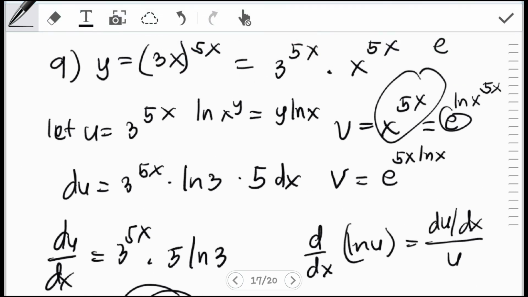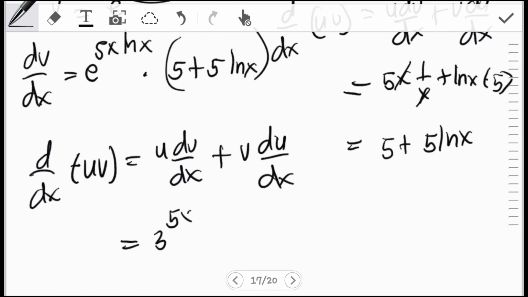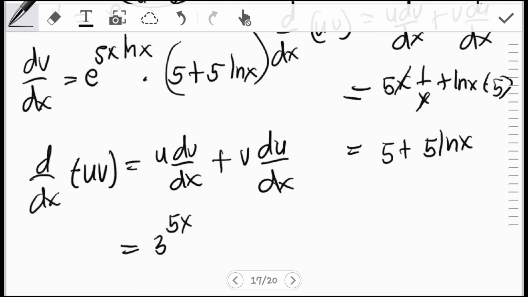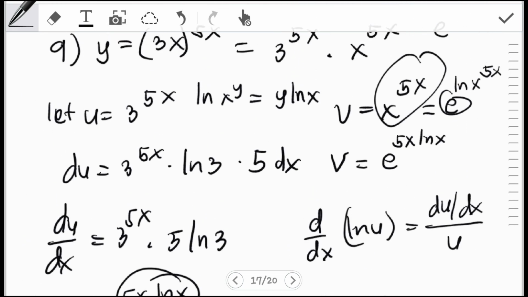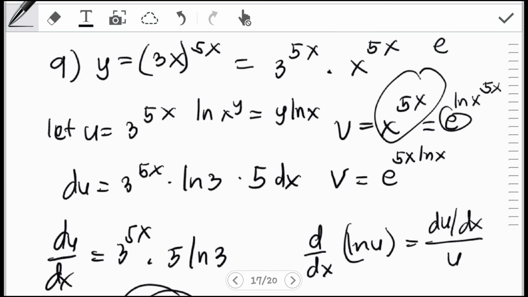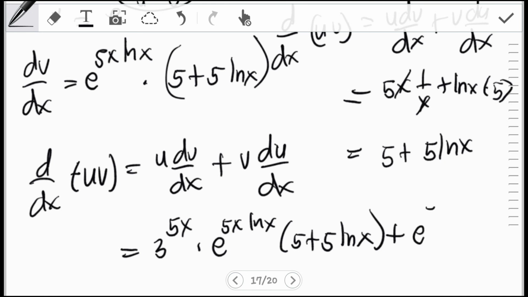Where u is 3 to the power 5x, then dv is e to the power 5x ln x times the 5 plus 5 ln x, then plus v, which is e to the power 5x ln x.